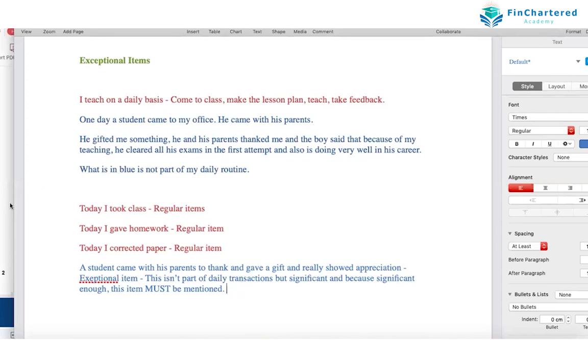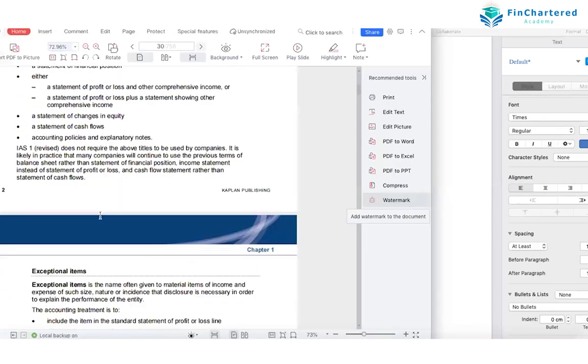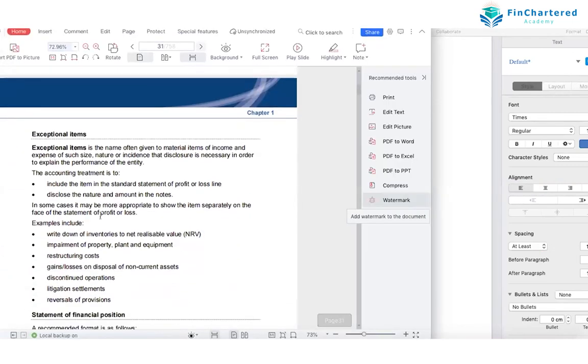For example, again, let's look at it over here. Write down of inventory to net realizable value. Forget write down of inventory also, I'll give you one example which you will be able to understand. Impairment of your property, plant, equipment.